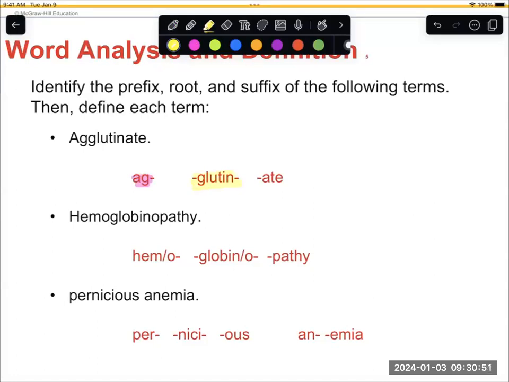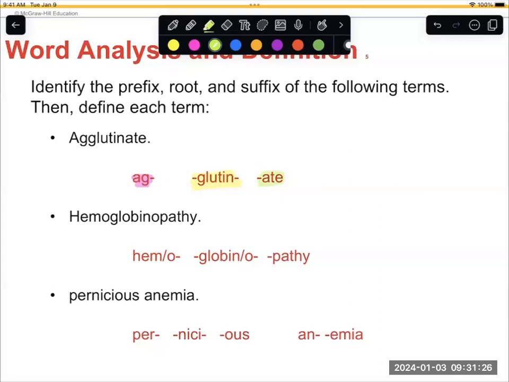Gluten is our root word. Ate is our suffix. That means composed of or pertaining to. Gluten is stick, ag is to. So agglutinate is the sticking together or clumping of those red blood cells. So pertaining to that sticking together.